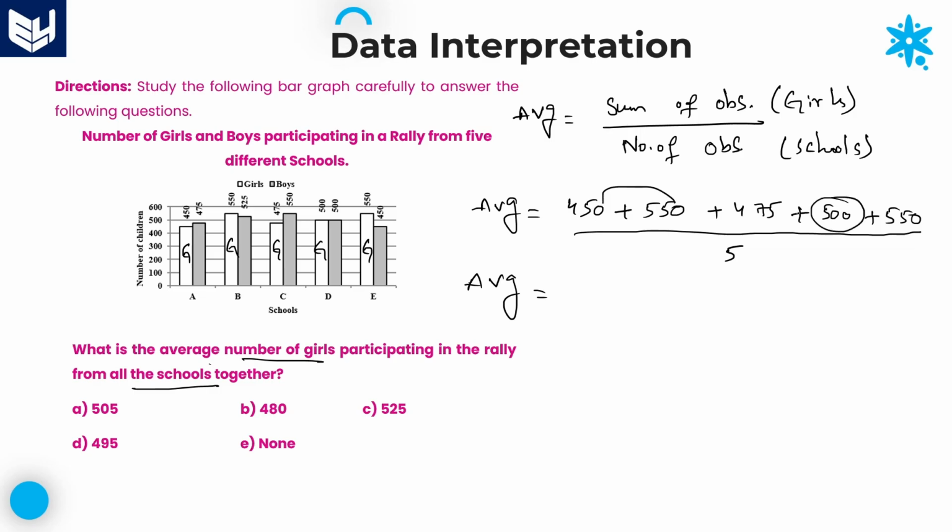Therefore, the required average is equal to, see here, 450, 550, 1000. 1000 plus 500, 1500. 1500 plus 500, 2000. Still 50 is left over at this position. Take this value as 500 only.